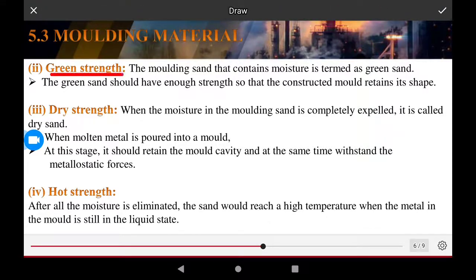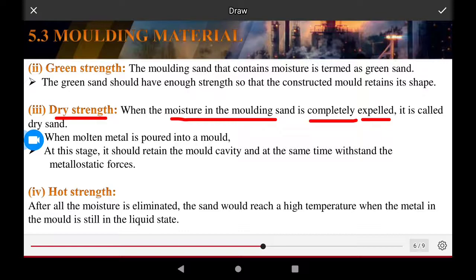Green strength: the molding sand contains moisture, called green sand, and the green sand should have strength to construct the mold. Dry strength: when the moisture in the molding sand is completely expelled, it is called dry sand.